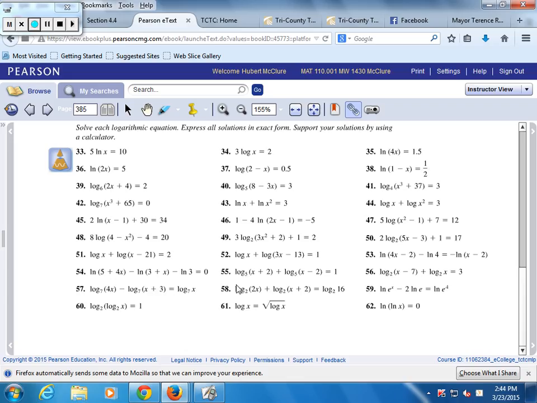I'll blow it up for you. Just for memory purposes, let's do two of them, and then we'll move forward.